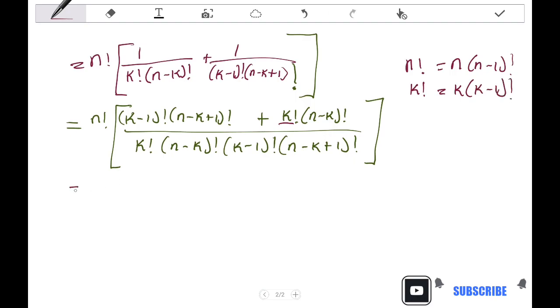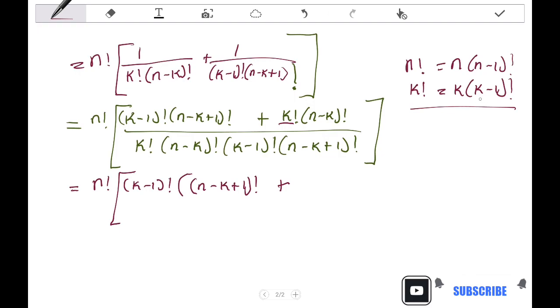So therefore the next step is n factorial open bracket, then I will have k minus 1 factorial, then open bracket, and then inside of this bracket I will have n minus k plus 1 factorial. Remember that I'm replacing this k with this here, so it's going to be plus.